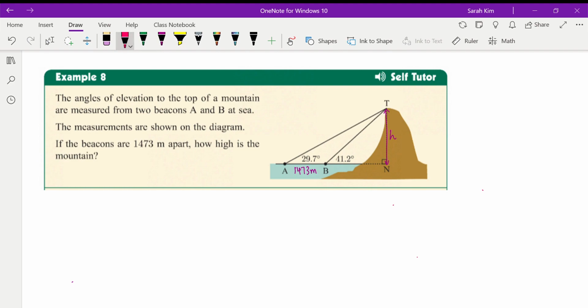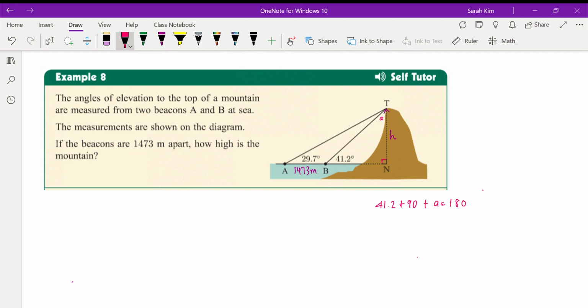So first things first, I will look at the diagram and see if I can fill in any other information. I do know that I should be able to find this little angle. I might call it A. So how do I find angle A? Well, you might have already noticed that it's a triangle. So 41.2 plus, this is a 90-degree angle. So 90 plus A will be 180 degrees.